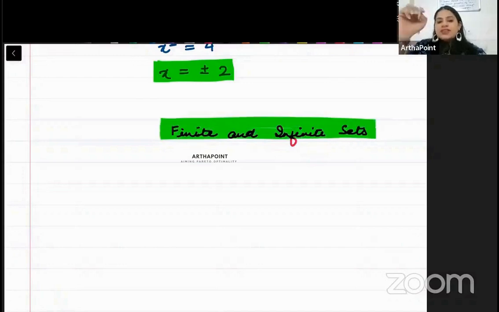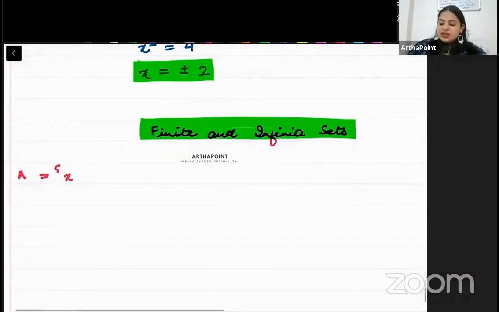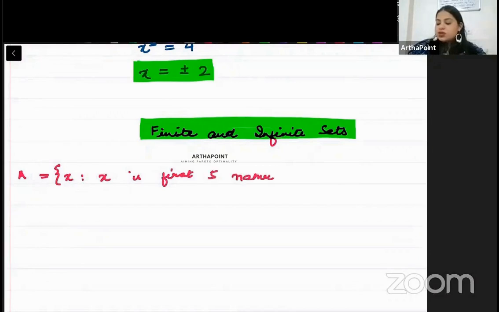So beta, when I say finite sets, as the name suggests, a finite set should have a finite number of elements in it. Just for example, I define a set A, where x is the first 5 natural numbers.